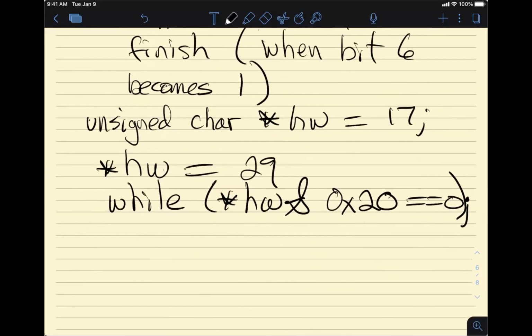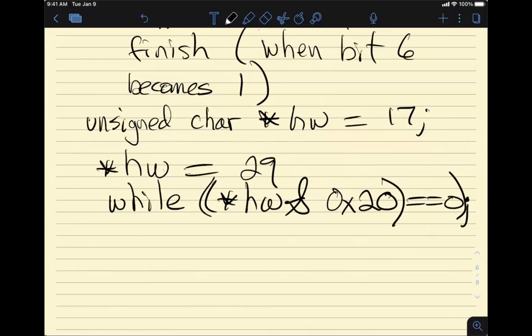So this code is going to wait for bit number 6 to become a 1. Okay. Isn't that a double ampersand? No, it's bitwise. But you're comparing. Does that help? Okay, so I'm waiting for bit number 6 to turn on.